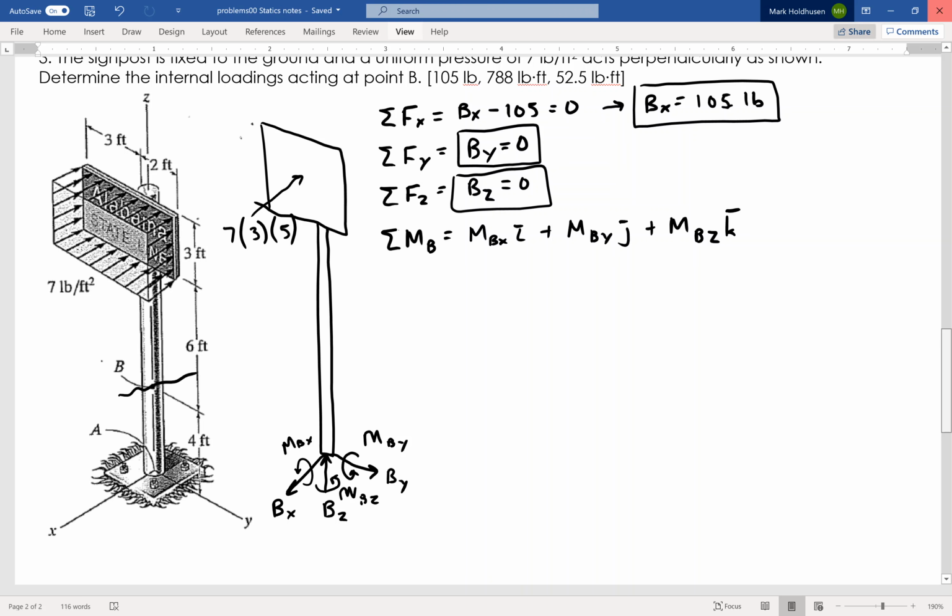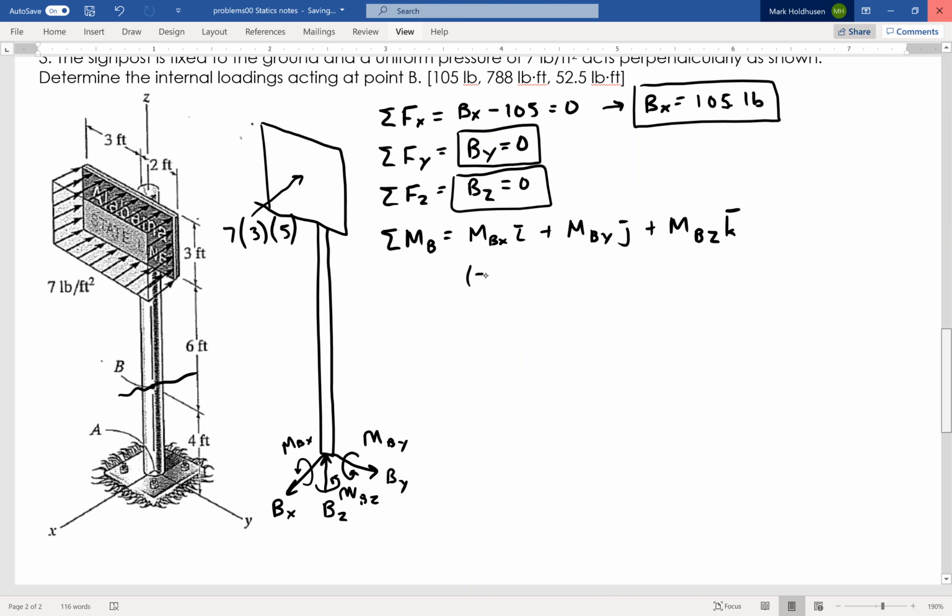Basically I'm going to go R cross F to figure this out. So my R, I move basically in the Y direction, and this is going to be pushing at the center of that sign, which is actually half a foot off, because that would be at 2.5. My pole's at 2, so I actually move negative 0.5 in the j.